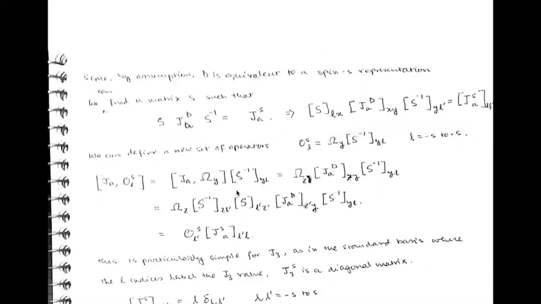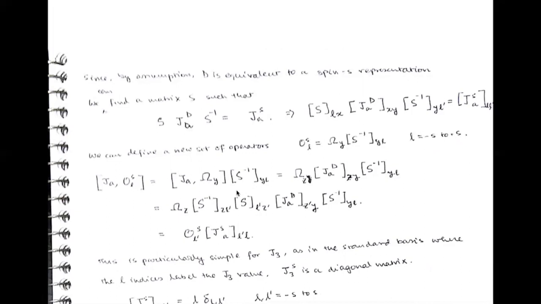Now, what we do is we define a new set of operators, and this new set of operators will be given as O_S equals the sum of omega y times S inverse. Okay. Now, remember that this L runs from minus s to plus s as always. This is 2s plus 1 states.